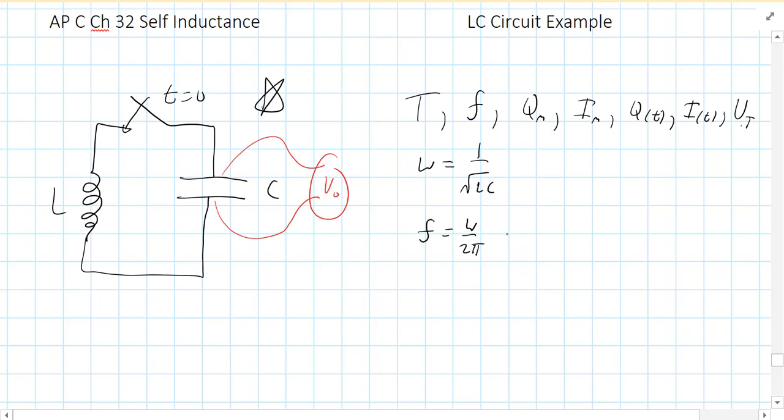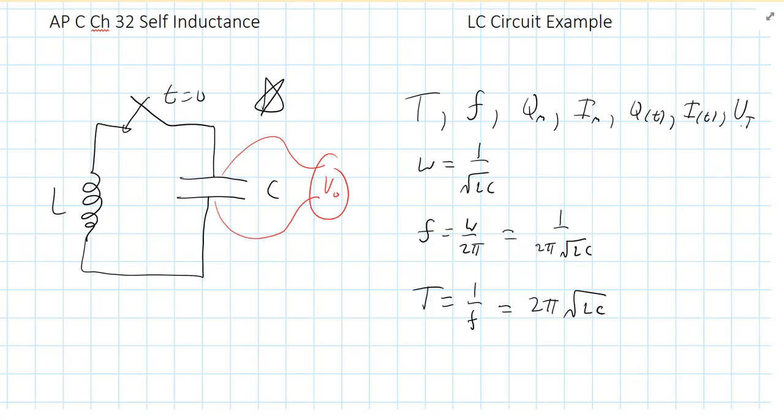So our frequency is 1 over 2 pi root LC. I also know that my period is 1 over the frequency, so our period would be 2 pi root LC. So far we've gotten period and frequency off that list.